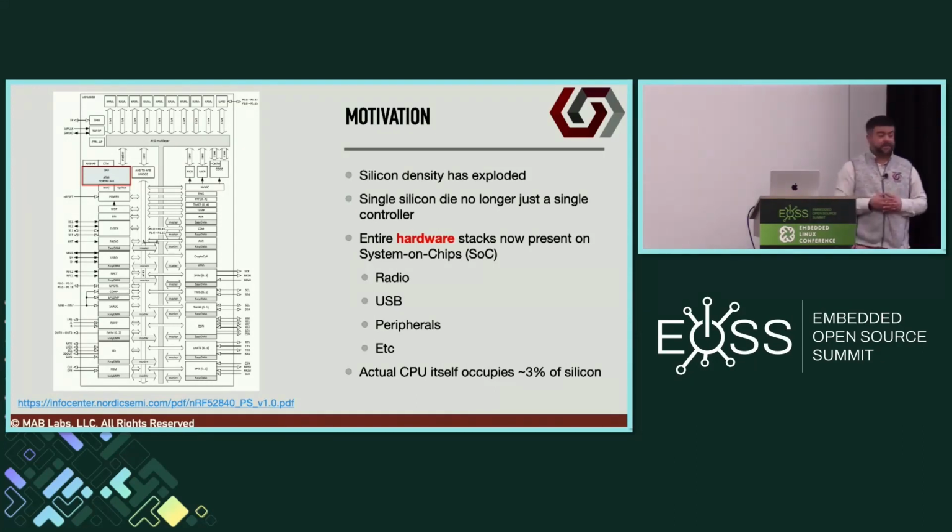This is an example of an nRF52840 SoC, and we can see that it has hardware to implement a radio subsystem, USB, all sorts of peripherals, et cetera. The core itself constitutes one of the smaller portions of the silicon area. So nowadays we have a lot more going on in our SoCs beyond just the CPU itself.